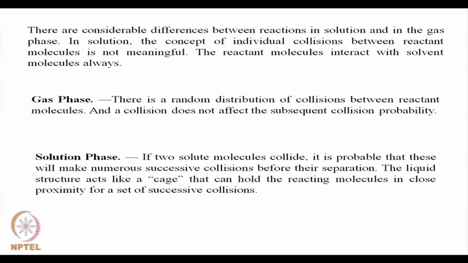Now, in a gas phase reaction, there is a random distribution of collisions between reactant molecules, and a collision does not affect the subsequent collision probability. The distribution of collisions occurs in a random fashion, and a previous collision is not going to affect the later collision.